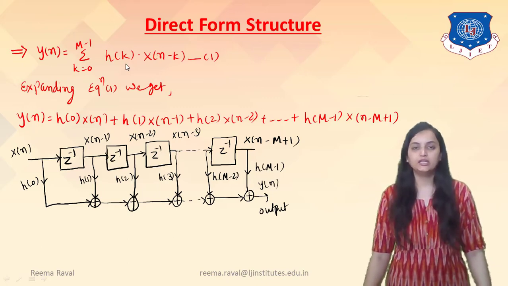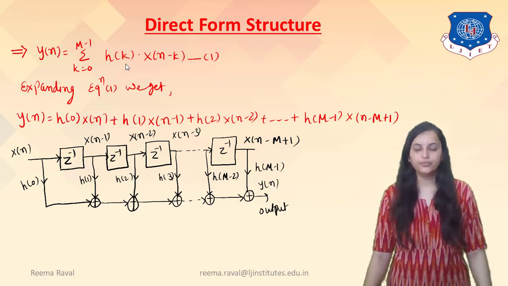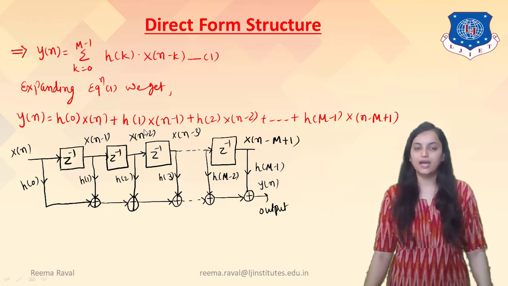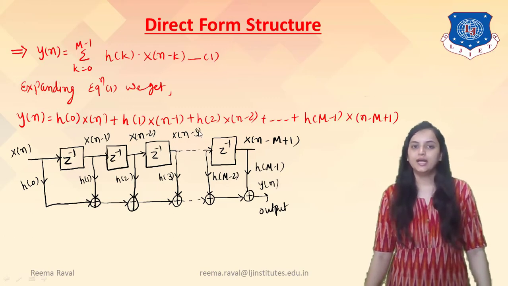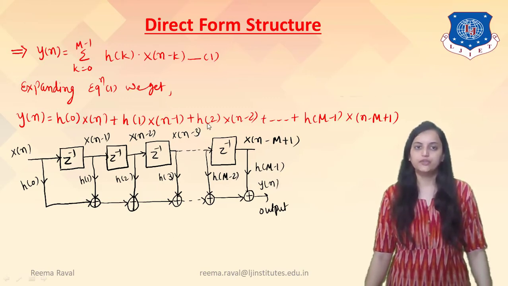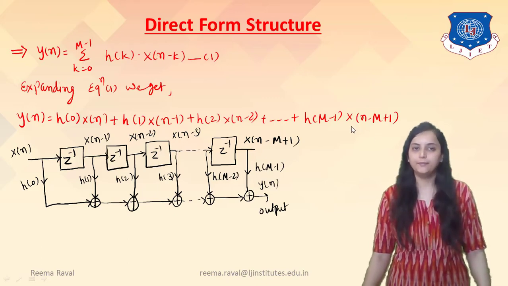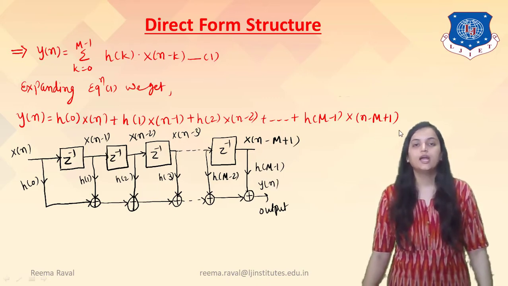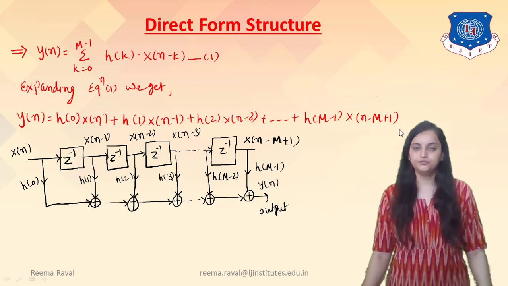Here we have taken the first instance k equals 0, which will give h of 0 into x of n minus 0, that means x of n, plus now k equals 1, so that will give h of 1 into x of n minus 1, then k equals 2, which will give h of 2 into x of n minus 2, up to h of M minus 1 into x of n minus M plus 1.